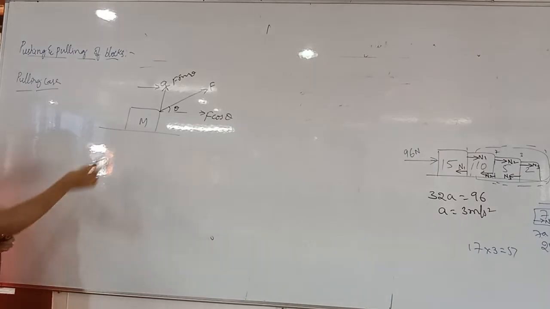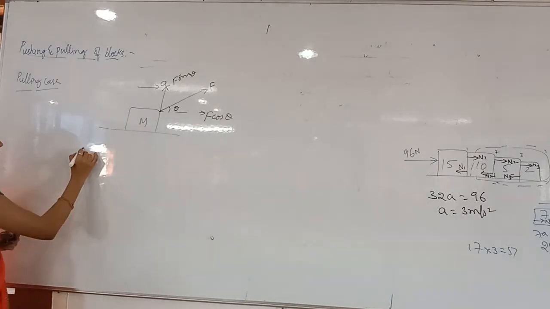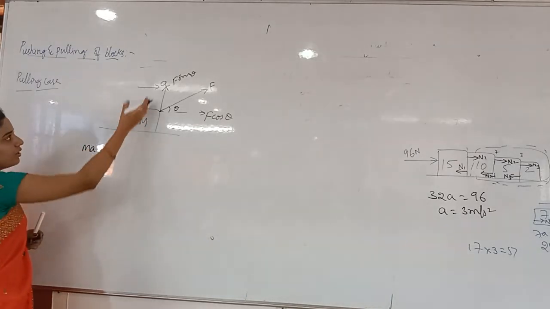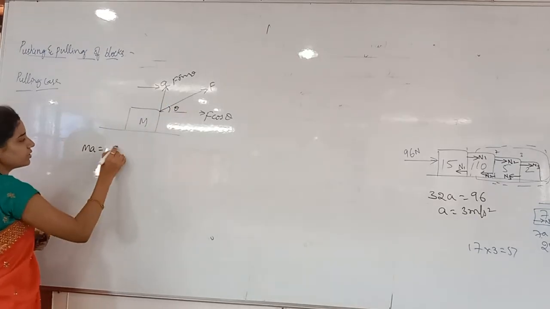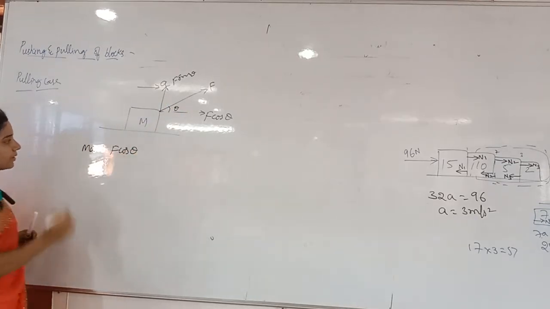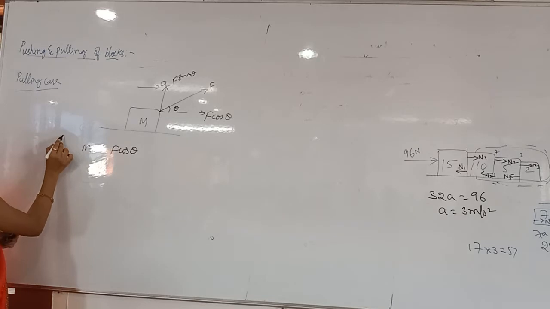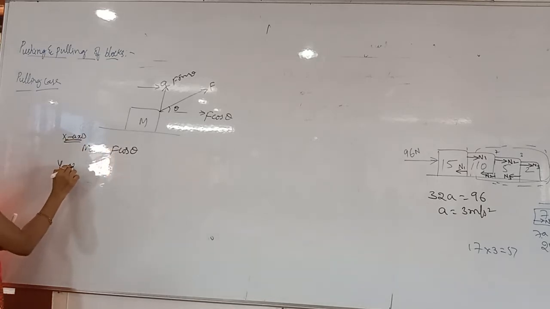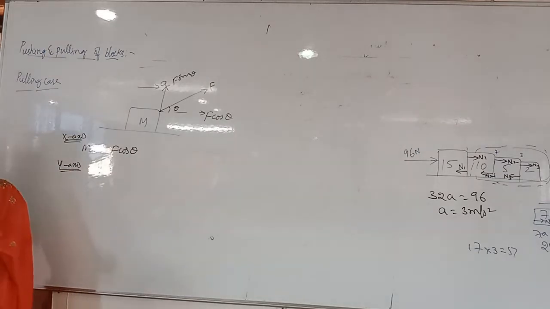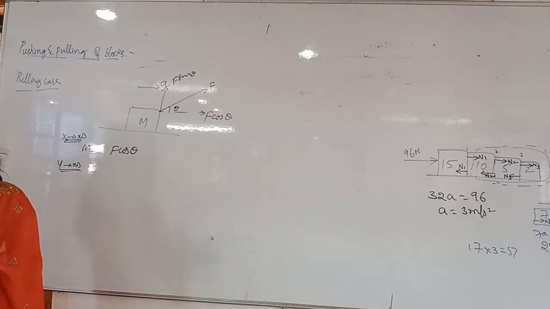Now, if I want to write the equation for ma, along the acceleration who is there here? F cos theta, simply F cos theta. This is about the horizontal direction, the x-axis direction. What about the y-axis direction? I'm just saying that you have to write the equation in the vertical direction.